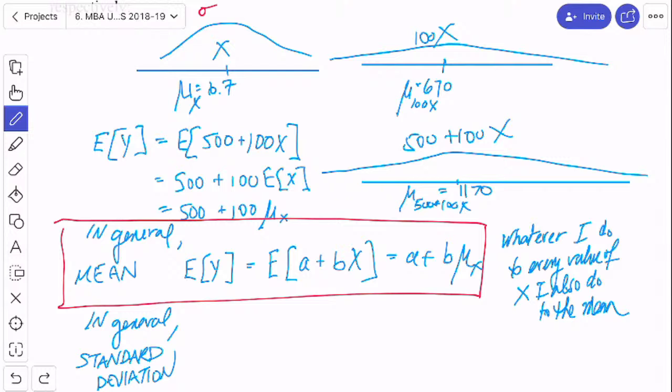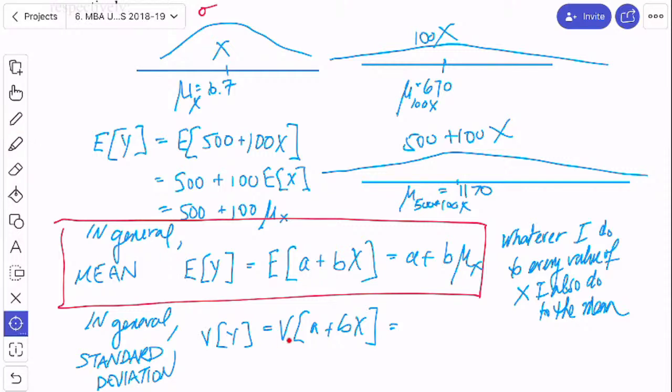I'm going to write this in terms of the variance. The variance of a linear transformation reduces to just remembering how we calculate variance, right? We square all of the deviations from the mean. The standard deviation is the square root of that.